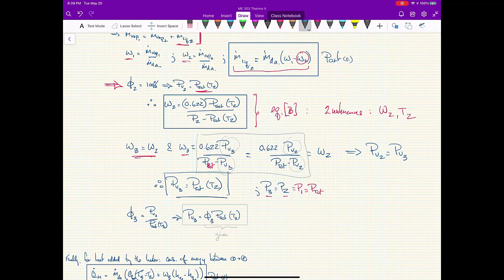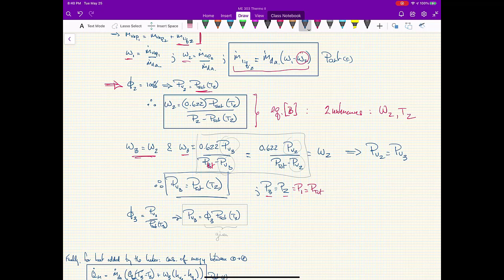In other words, the partial pressure of the vapor at 2 must be equal to the partial pressure of the vapor at 3. And again, I know a lot of things about 3, right? I know its temperature, etc., and its relative humidity.